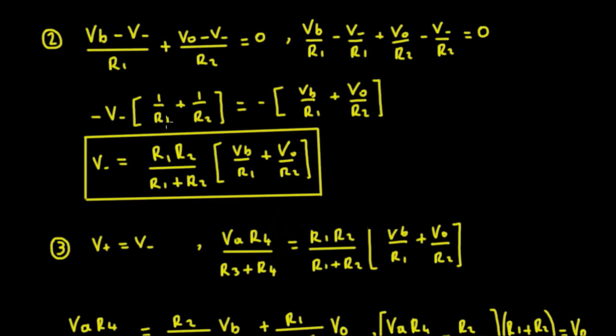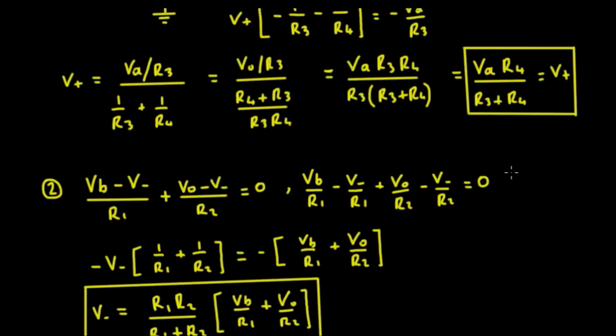First of all we'll take a common factor R1 times R2, and that will become R1 plus R2. We take that down as the reciprocal, so we get this here. Okay, so this is going to be our V minus. I talked through that quite quickly, so I suggest you work through the derivation yourself, and it's also a check to see that I've got the derivation correct.